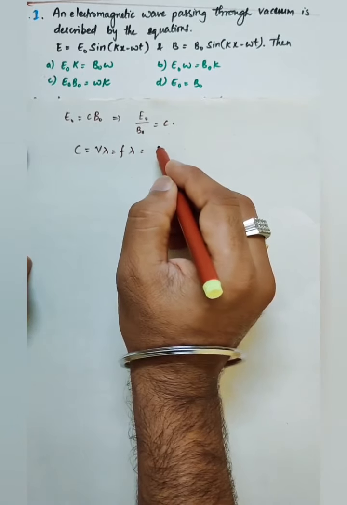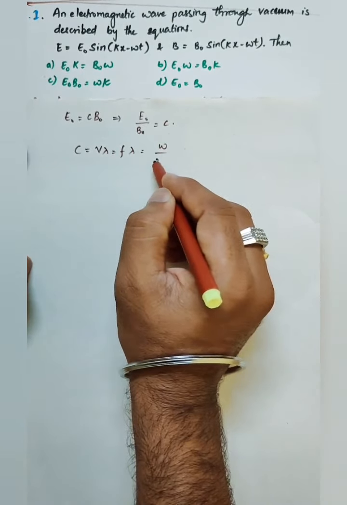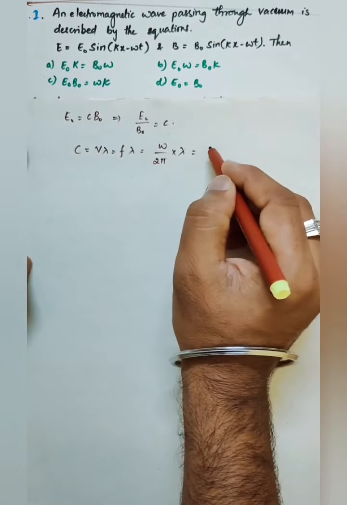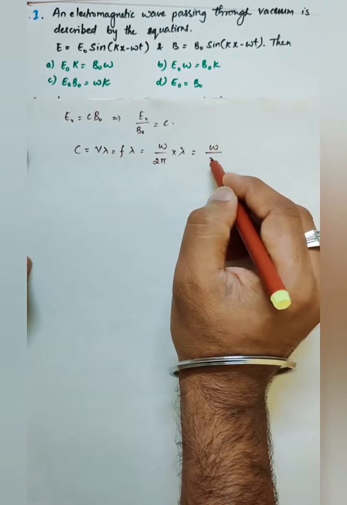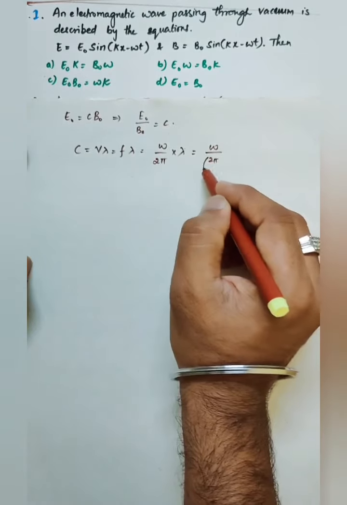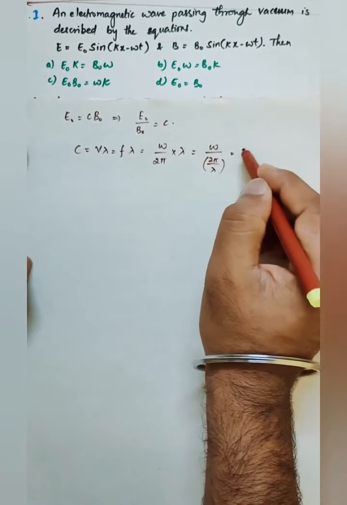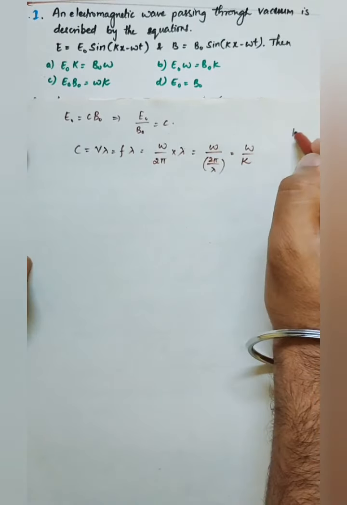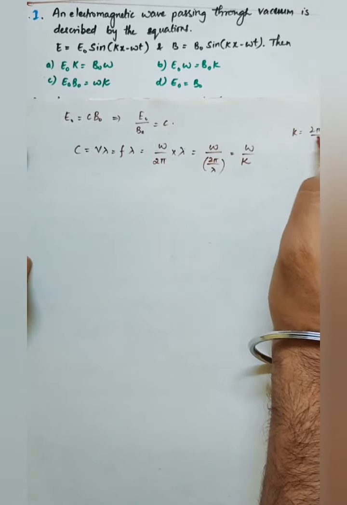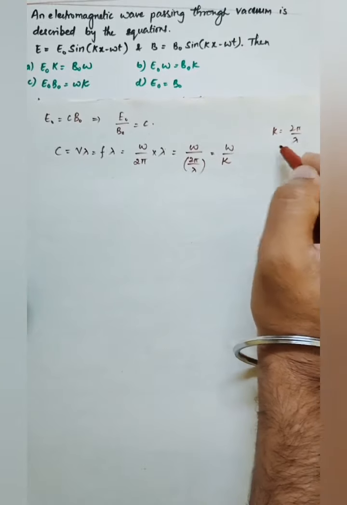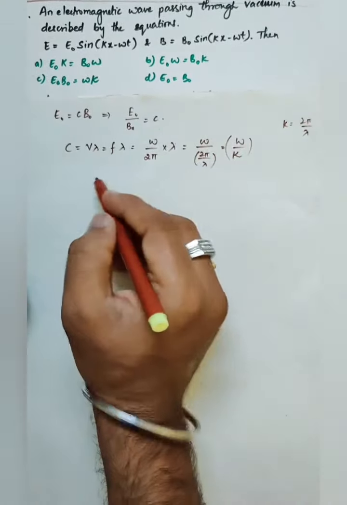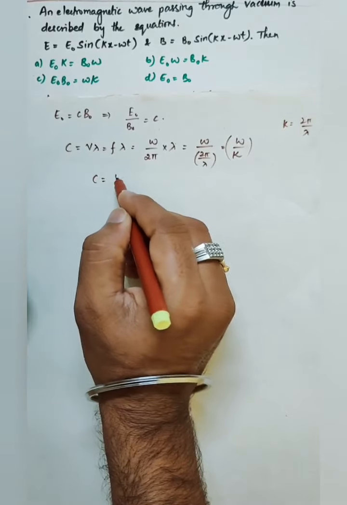So frequency is given by omega by 2 pi, and omega divided by 2 pi into lambda is nothing but omega divided by k, because we know that k is equal to 2 pi by lambda. It means C is equal to omega by k.